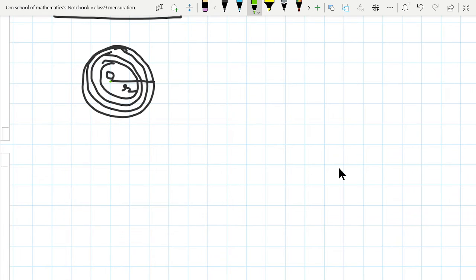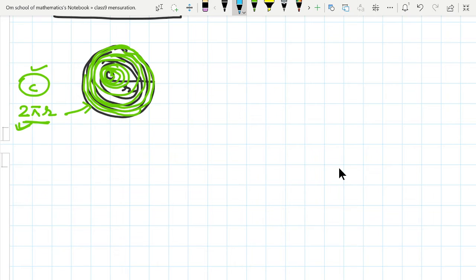So you can say the length of the outer circle is 2 pi r, because I have given you the formula of circumference. The outer circle circumference is 2 pi r, and the inner circle is very small, the smallest circle, almost a point. Its formula is also 2 pi r. Do you get this figure?